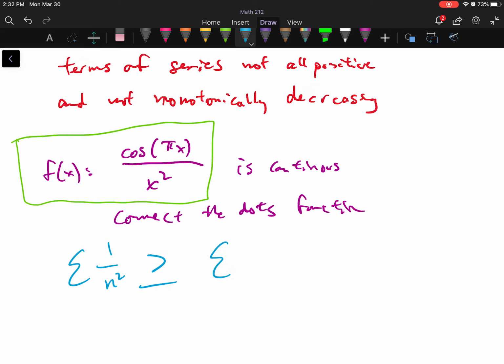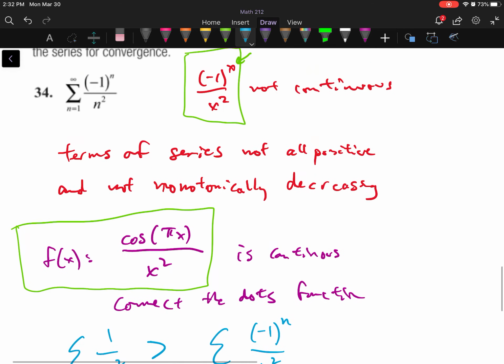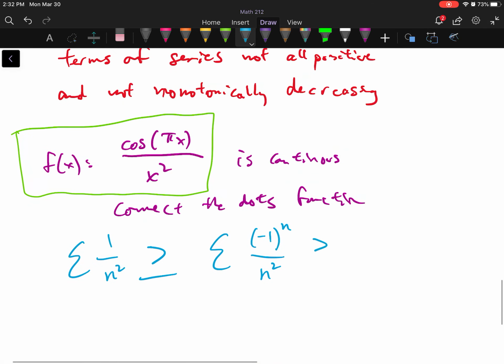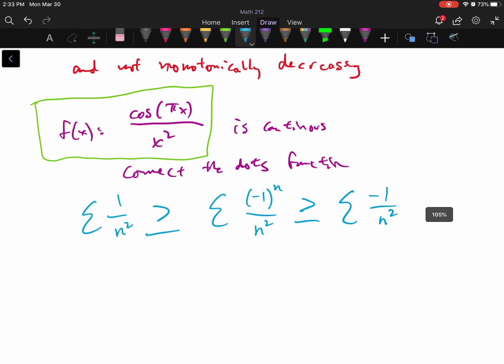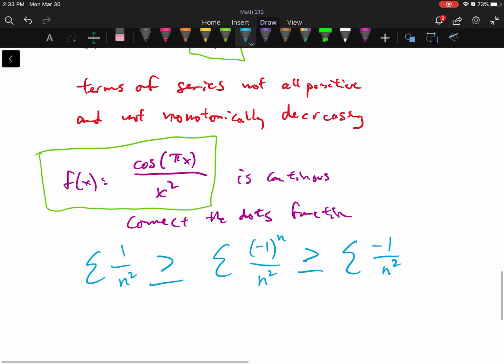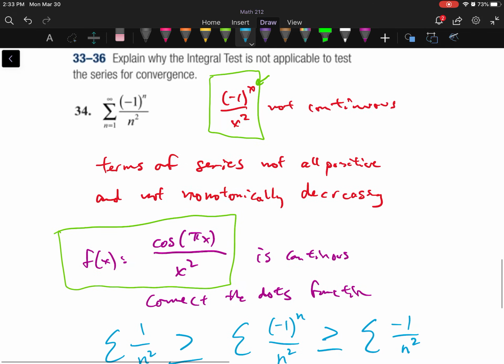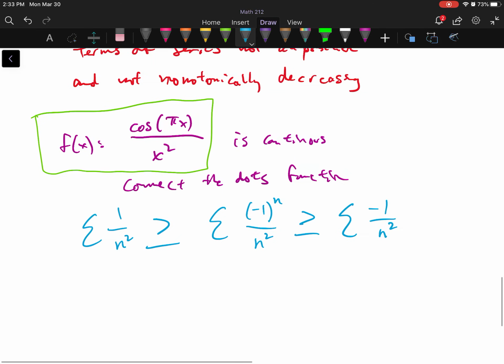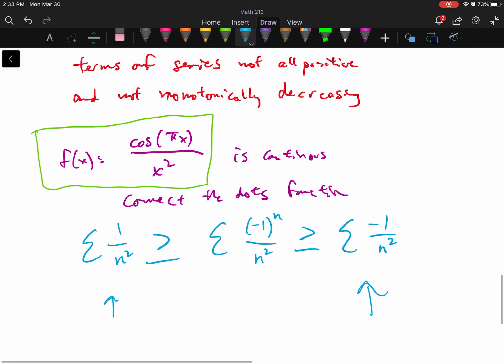Then you've got this thing. And then it would definitely be greater than or equal to -1/n². Yeah, so you'd have this kind of relationship going, and you could use the squeeze theorem to prove that that actually does converge when this one converges and this one converges.